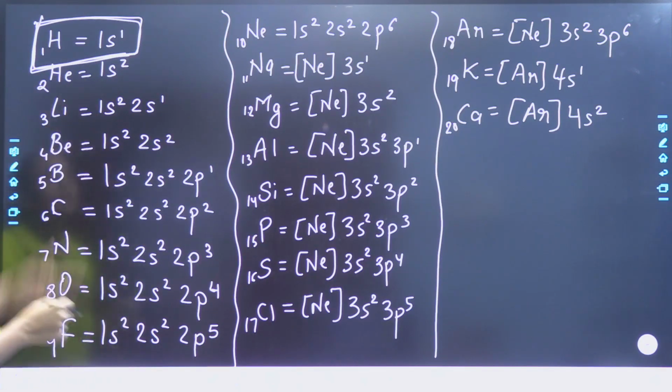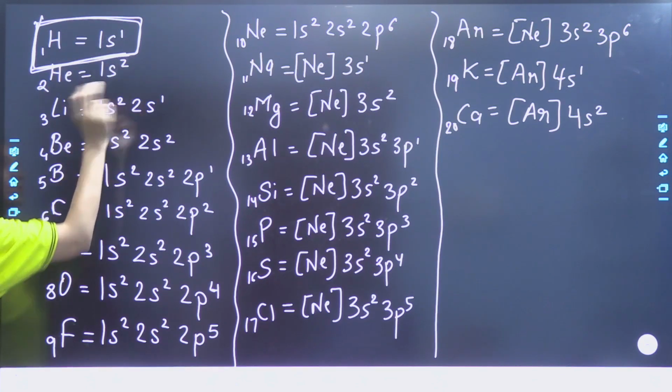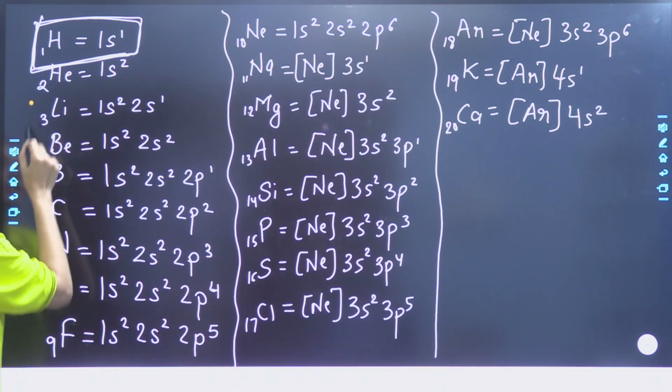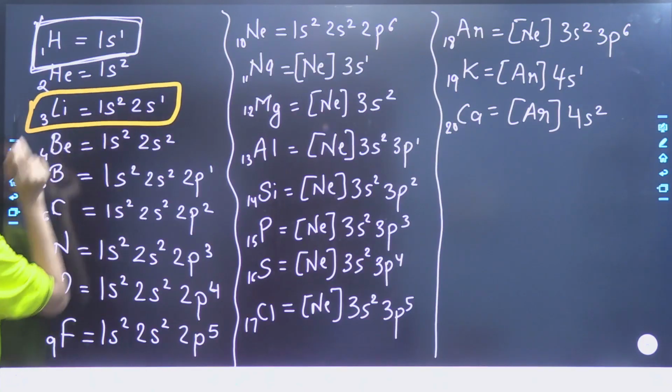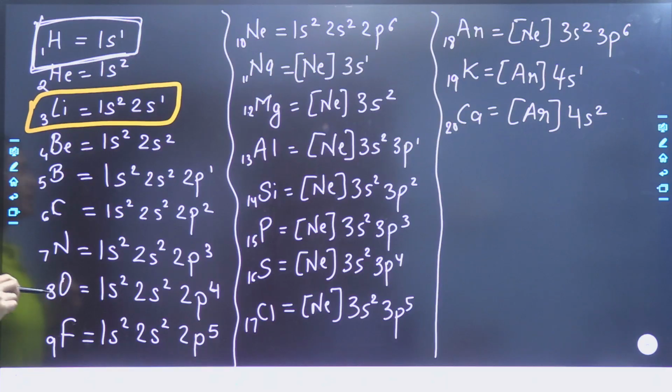In hydrogen we have just one unpaired electron. Helium has 2 electrons. Now in lithium, again, we have one unpaired electron, 2s1.